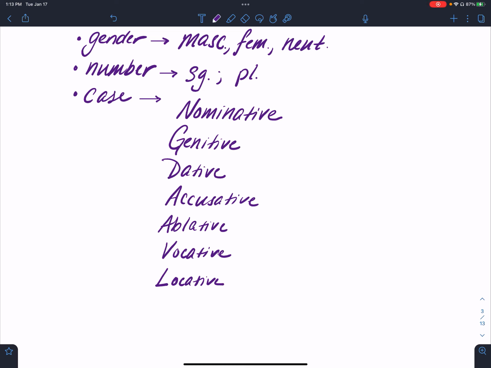Remember, case is used for noun function. Genitive. Dative. Those of you who have taken formal grammar classes might have heard these before. English does technically use case, but we don't really talk about it unless you're taking formal English grammar.